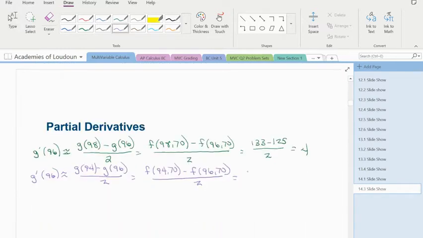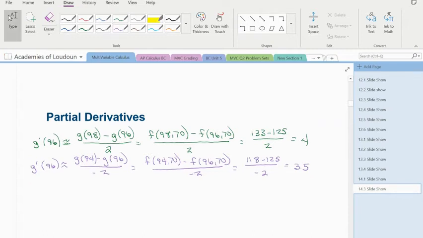So we have 118 minus 125, and this time our change is going to be negative 2. So I'm going to go ahead and put some negatives in here, and we have 3.5. So averaging these values, we can then say that G prime of 96 is approximately 3.75.